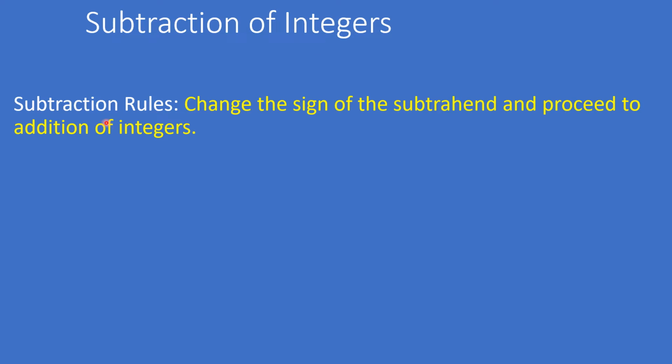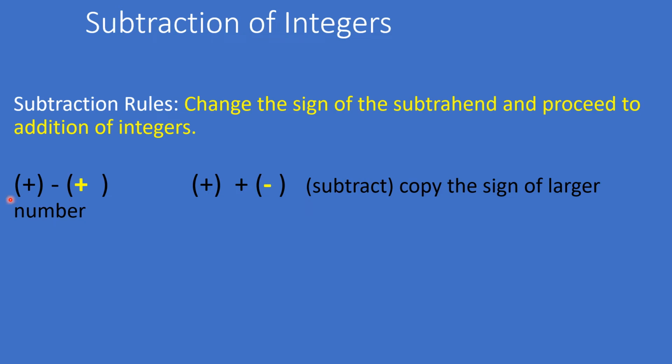Subtracting integers. So here's the rule. Change the sign of the subtrahend and proceed to addition of integers. So you should memorize, or you should master first the addition of integers. So here, positive minus positive.